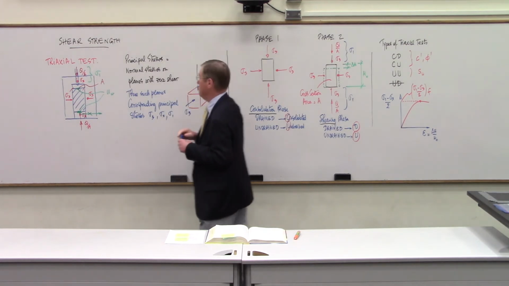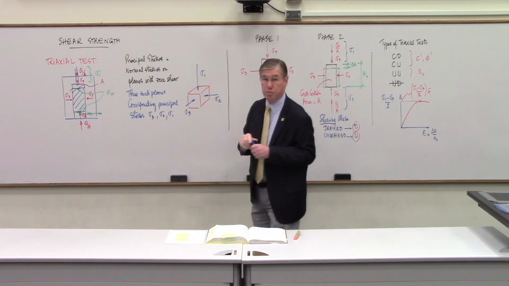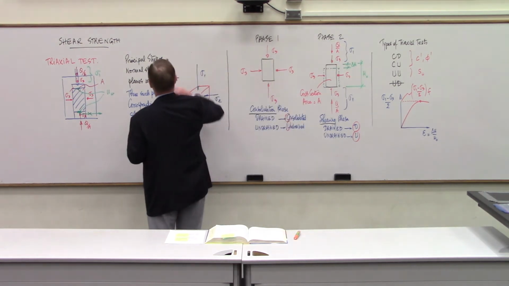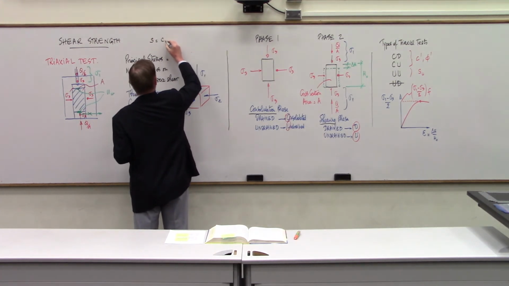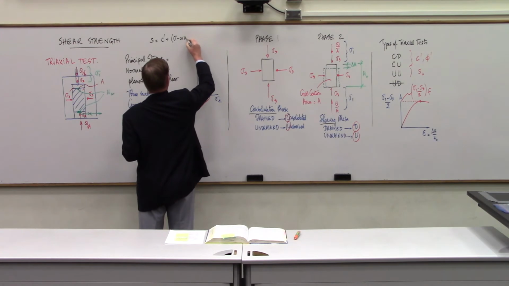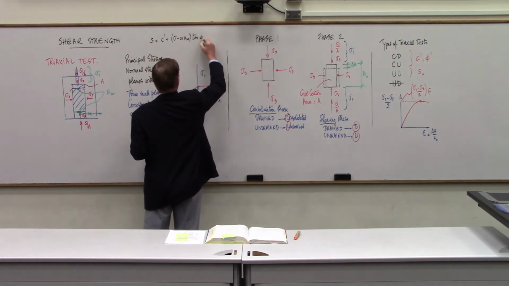stress. And remember that when we want to plot, when we want to back calculate the equation parameters, we're still looking at the shear strength equation, tau equals C prime plus (sigma minus alpha UW) times tangent phi prime.